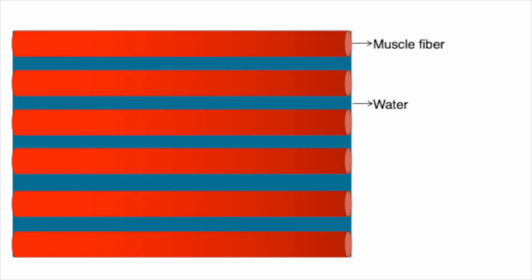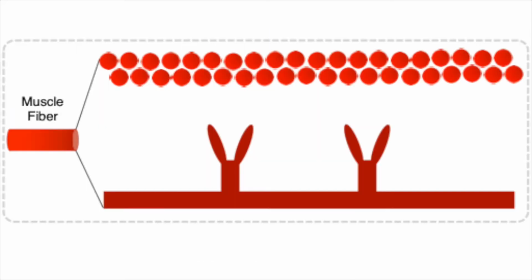And each muscle fiber is separated by little layers of water. And if we zoom in a little bit more, we see our system of proteins that are responsible for moving, and that are responsible for the textures in our food as well when we cook protein heavy foods, or our meats.